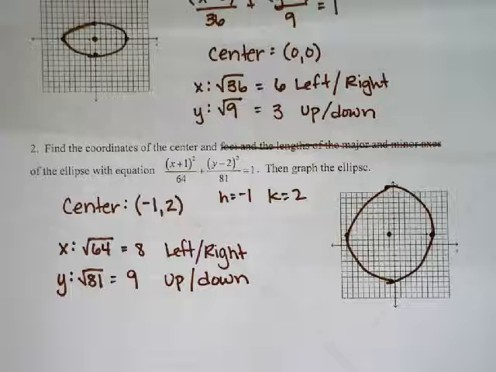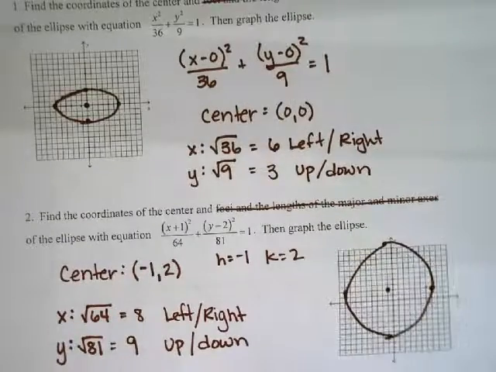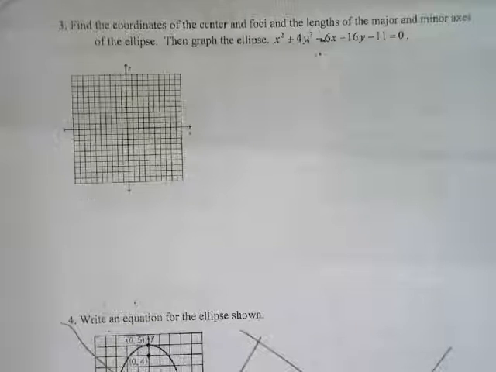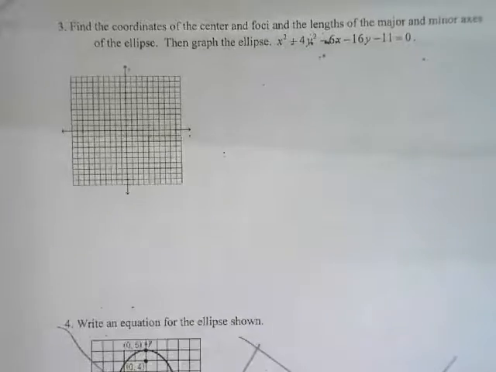Okay, so those ones, they were in the nice pretty form. But guess what? Just like circles, we're not always given them in the nice pretty form, right? Unfortunately. So turn the page. Number 3 says, find the coordinates of the center, and then it says find the foci and the lengths of the major and the minor axes.